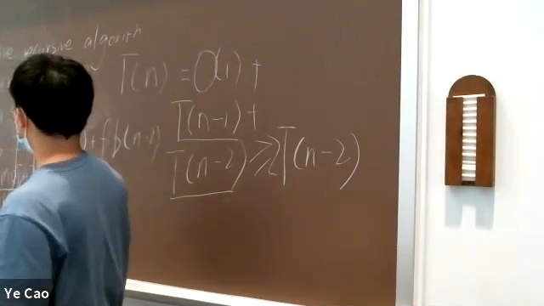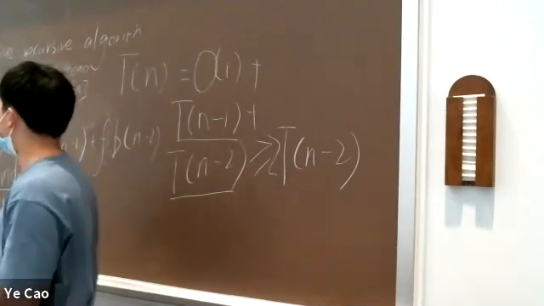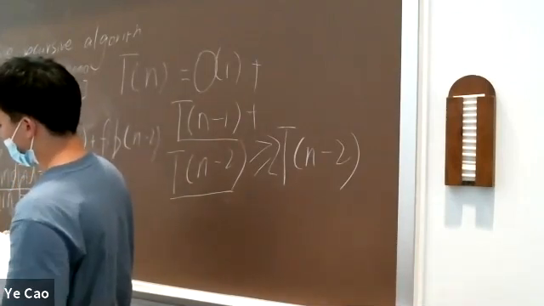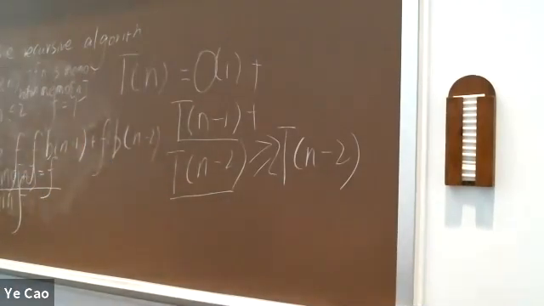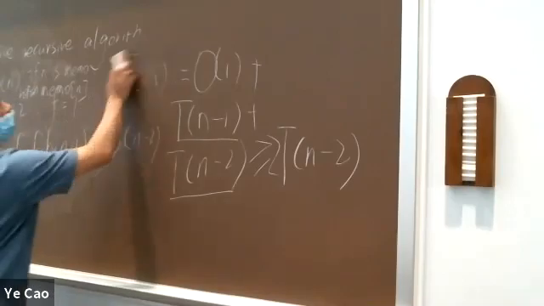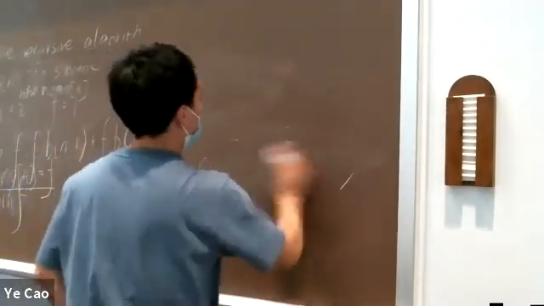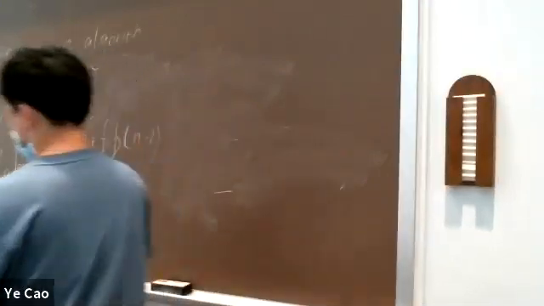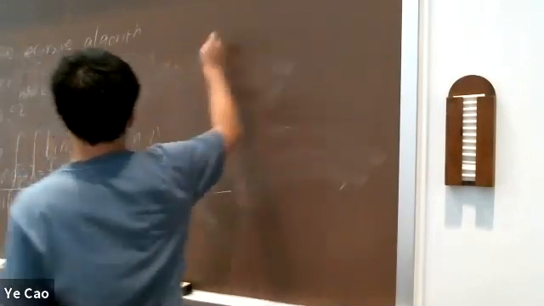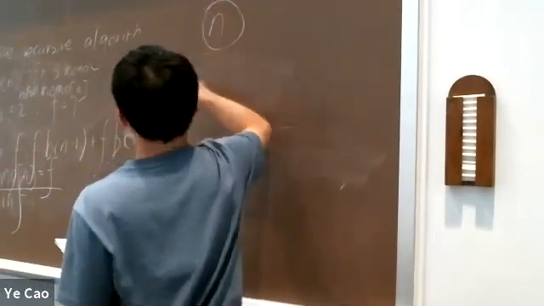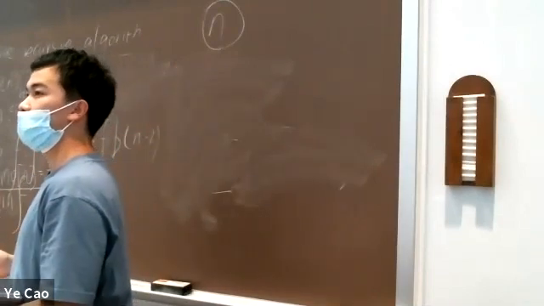Does this make sense? So why is this faster? The reason is, if you think about it, when we're trying to compute the value of n, let's say, all we need to do is compute all of the values before n exactly once.